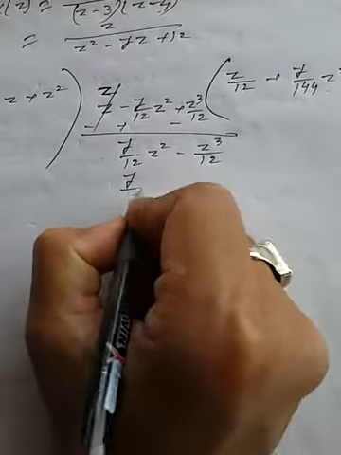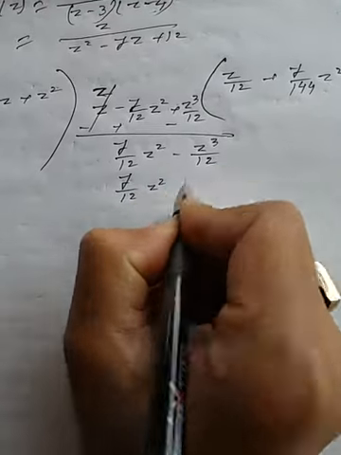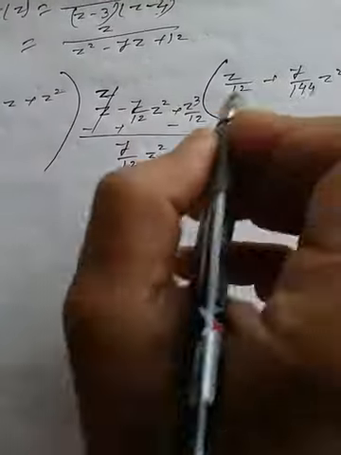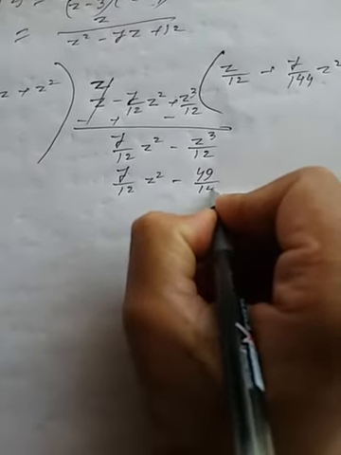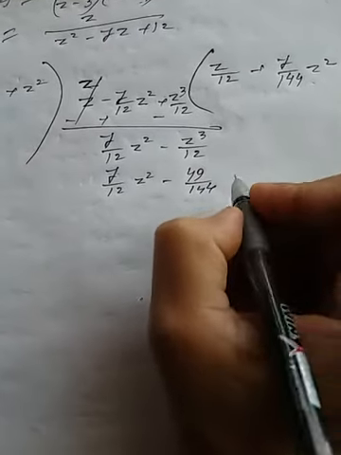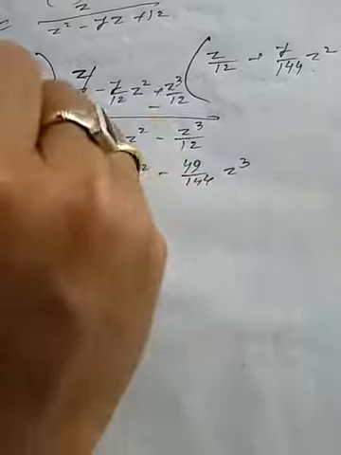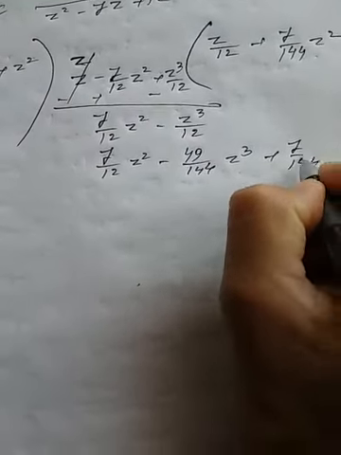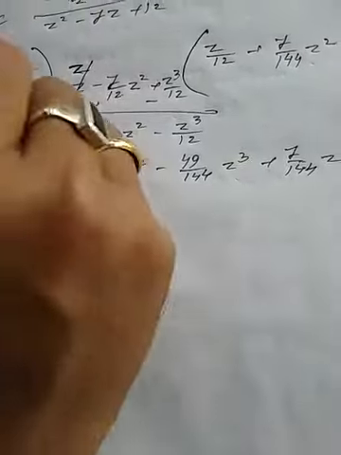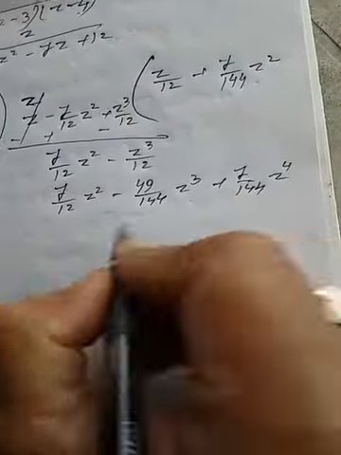So we will get 7 by 12 z square minus 49 by 144, right, z cube, and this portion will be 7 by 144 z to the power 4, right?